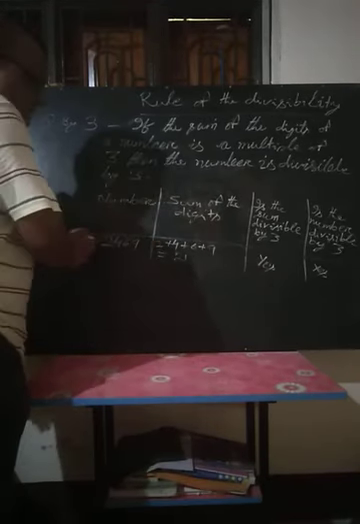Okay, but there is another rule also regarding the divisibility by 3. And what does that rule say?